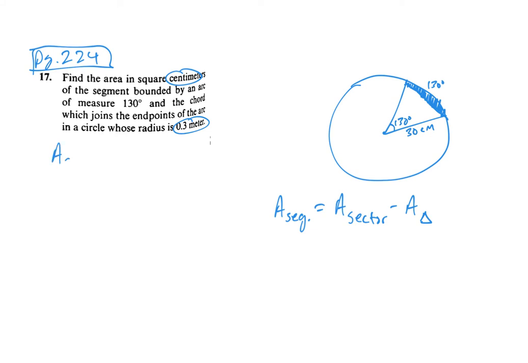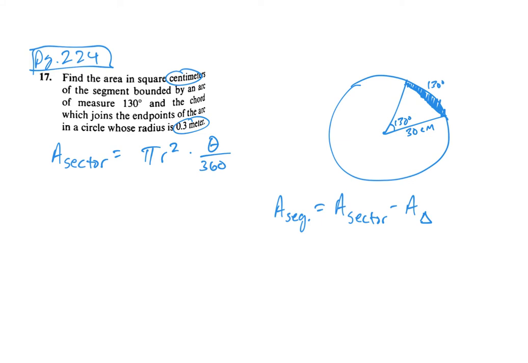Okay, so the area of the sector is the area of the circle times the degree that you're given over the entire circle's worth of degrees. So in this case, they're actually giving me degrees, not radians, so I'll have my 130 degrees over 360.